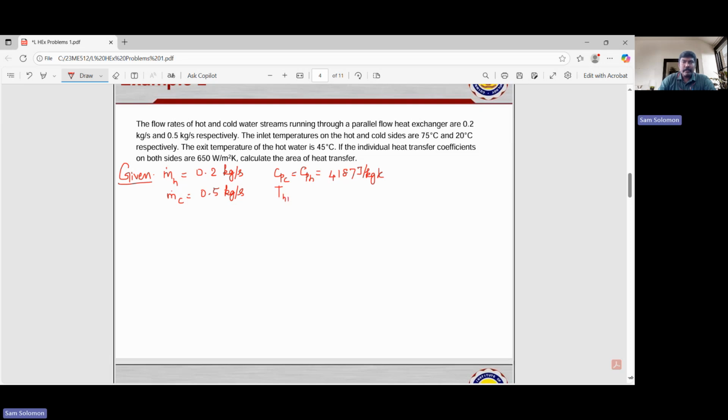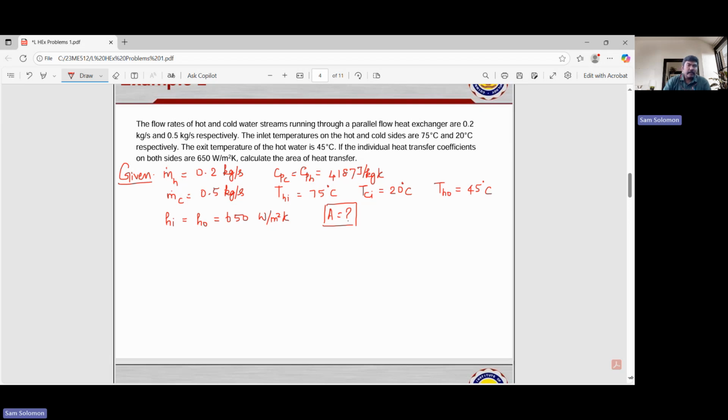The inlet temperature of the hot fluid is 75, the inlet temperature of the cold fluid is 20, and the exit temperature of the hot fluid is 45. They have given the heat transfer coefficient on both sides, Hi and Ho, for the inner pipe and the outer pipe, as 650 watt per meter squared Kelvin. Now what they want us to find out is the area of heat transfer.